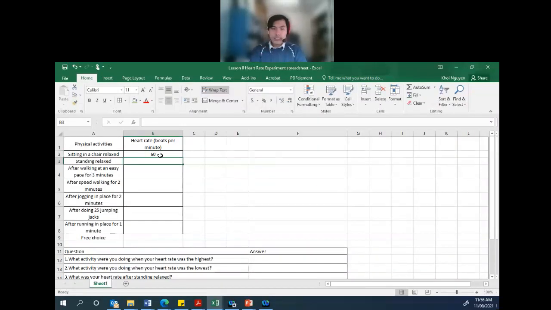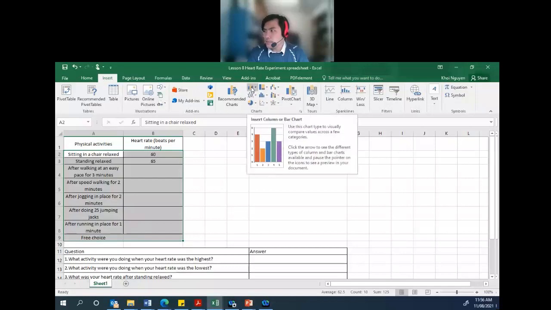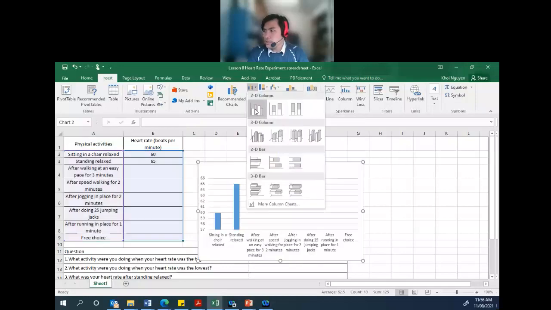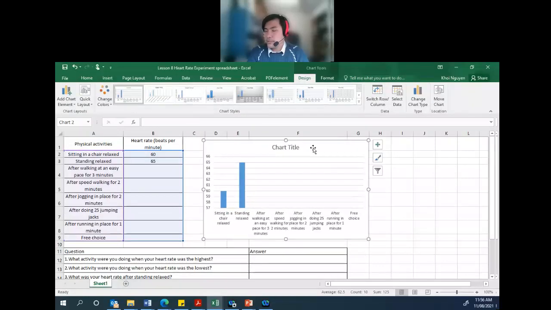Standing relaxed, maybe 65. If you highlight these boxes here and then go to insert, then column graph, just choose the first one, you would get a graph. And that's done for you.